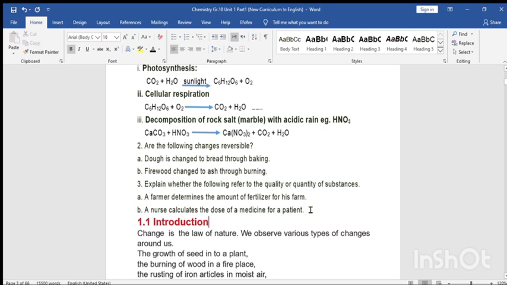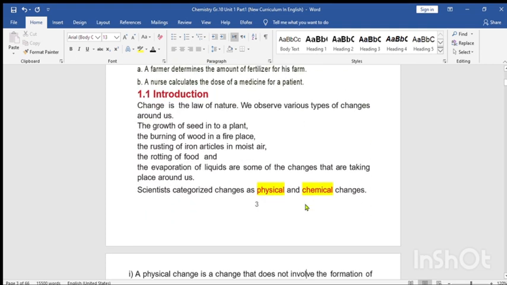Okay, when we come to the introduction part of this unit, we'll deal with changes. Change is a law of nature. It is obvious. We observe various types of changes around us, including the growth of seeds into plants, the burning of wood in a fireplace, rusting of iron articles in moist air, rotting of food by bacteria.